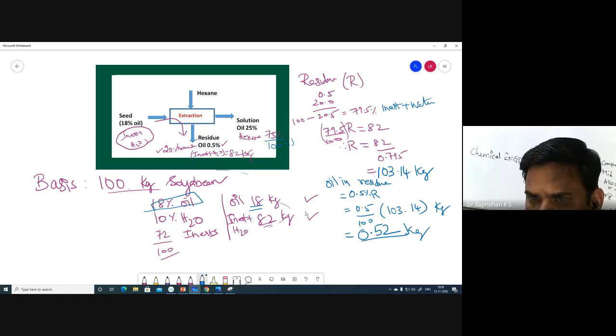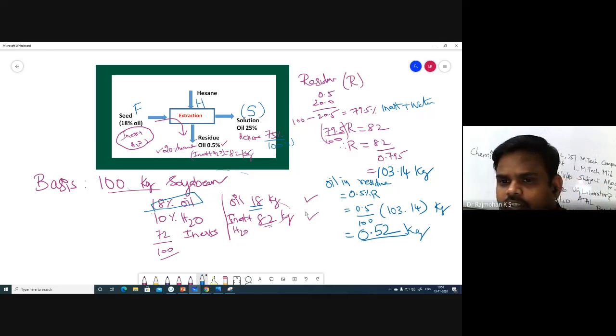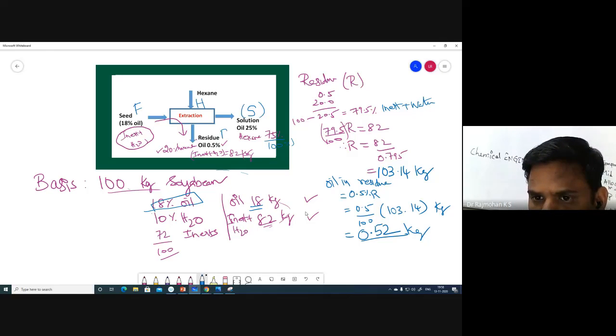So what will be the oil present in the solution? Let S be the solution. Let F be the feed. Let H be the solvent, hexane; let me put H itself because we are using X. Residue we have already assigned R. So please define the terms.